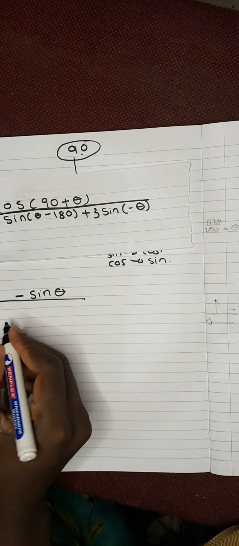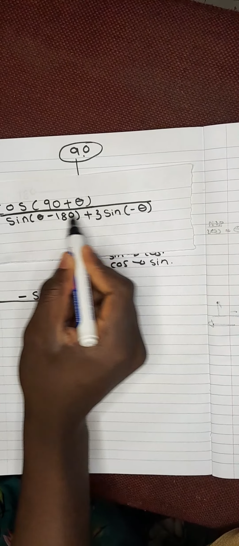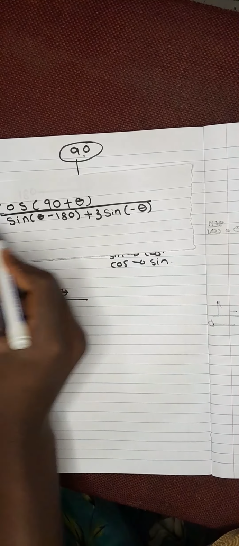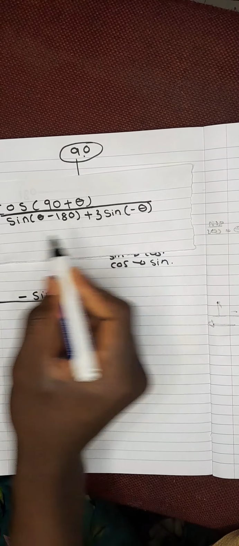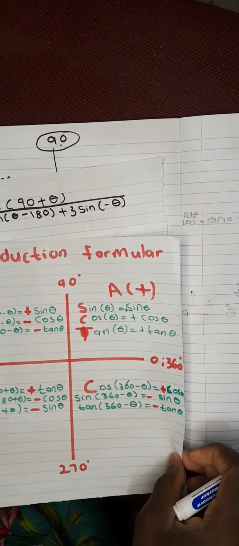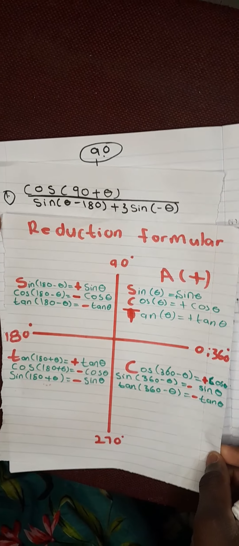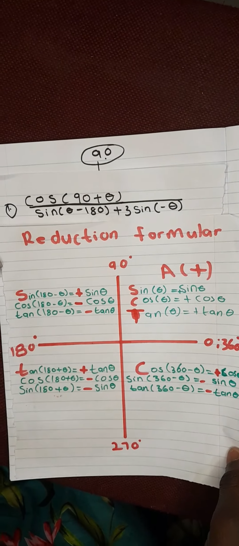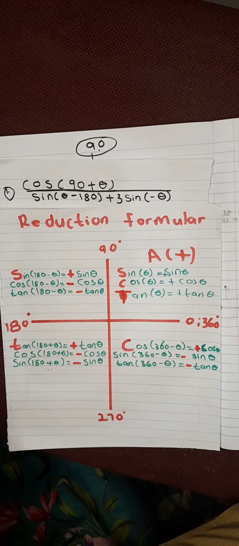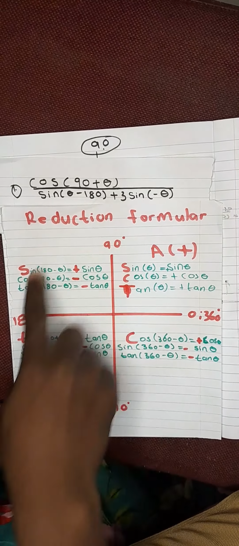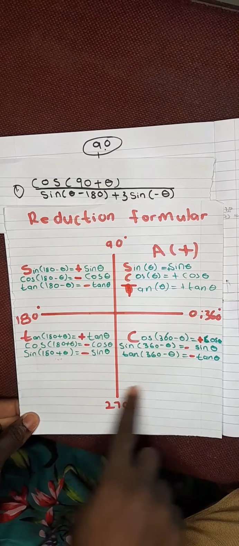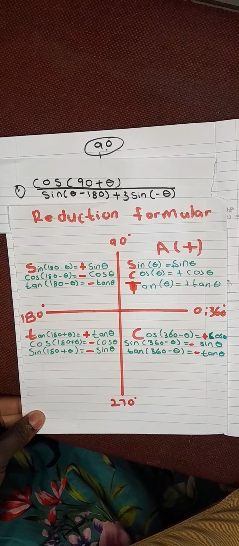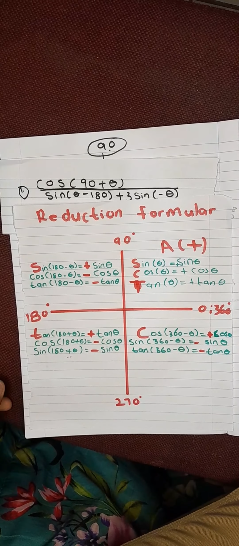Divided by. Here we have problems. Why do I say that? Because of our reduction formula, as I said in my first video, my CAST diagram summarizes whatever is happening in my first quadrant.